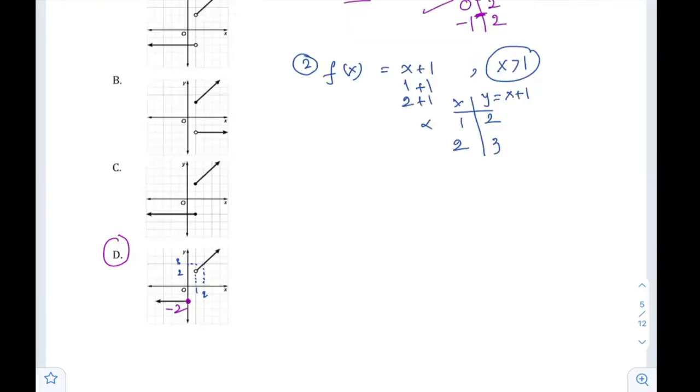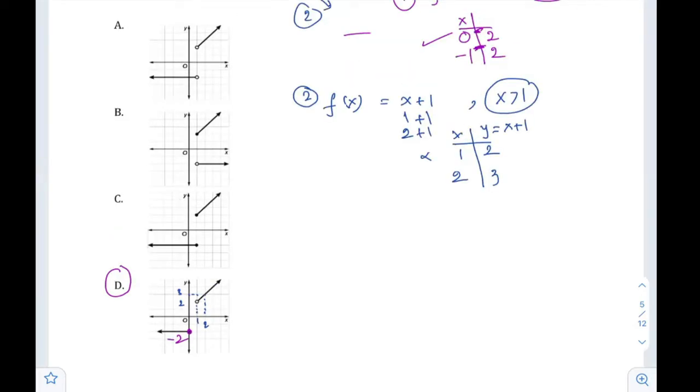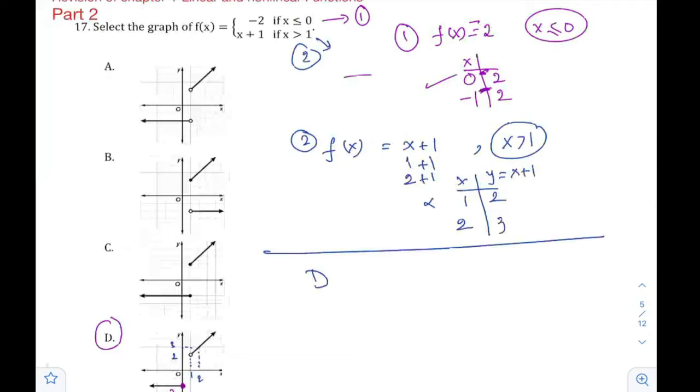Let's extend the idea here to find the domain. It's not required, but let's revise the domain. Domain is all the values of x that can be used here. In our function, we have 2 points where the function changes definition. The first one is 0, the other one is 1.